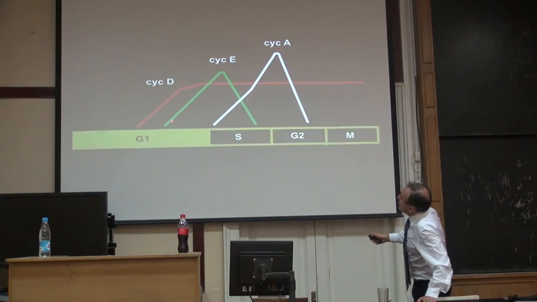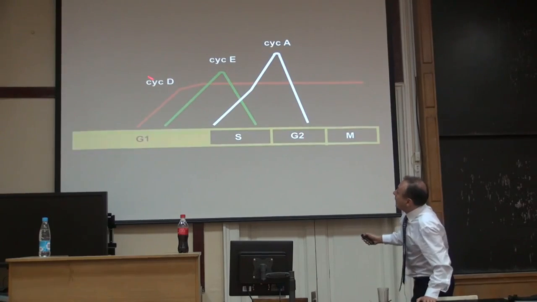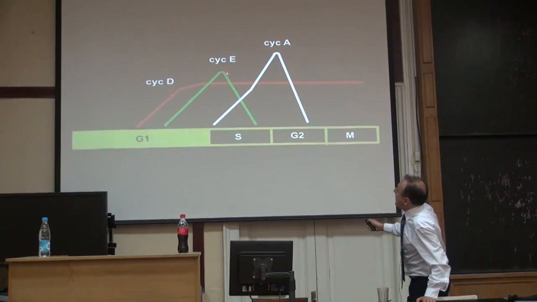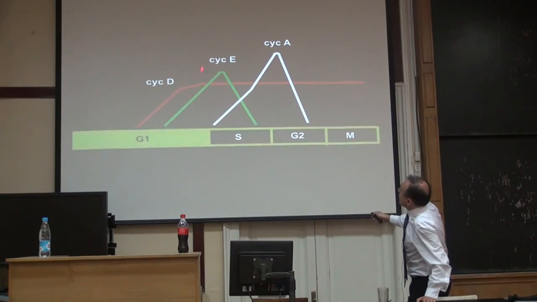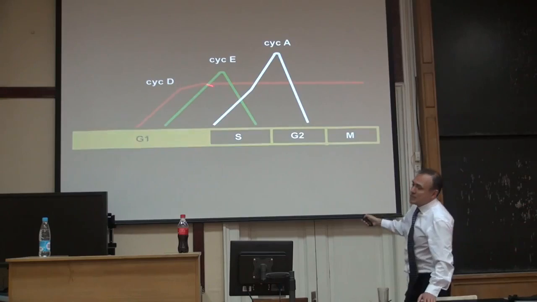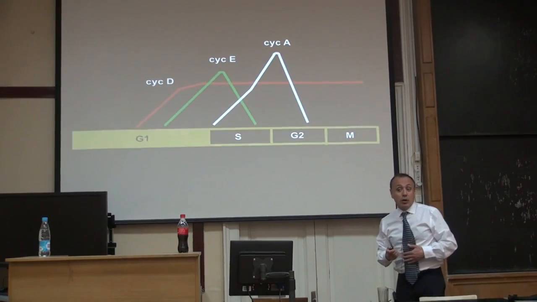Now, as you can see, cyclin E and cyclin A have different patterns of expression. Cyclin E is expressed in early S phase, and cyclin A is expressed later. So just having a higher level of cyclin E doesn't explain it, because you need to have the kinase through the whole S phase.